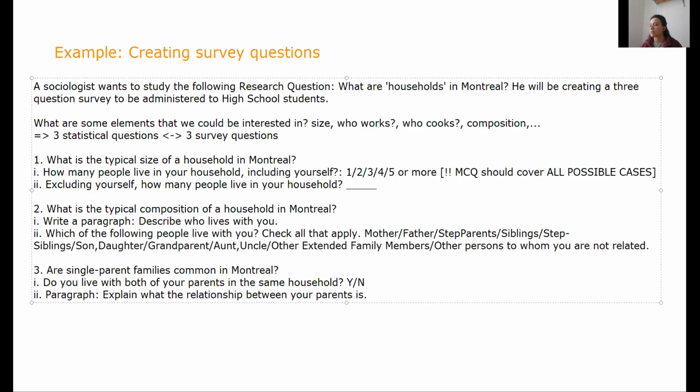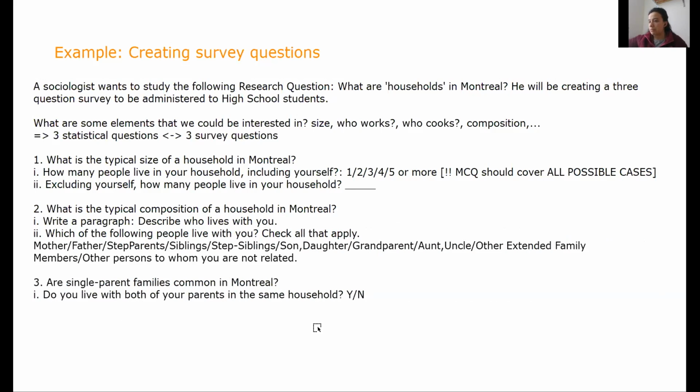And that gives a lot more flexibility for people to answer specifically to the experiences that they live in, whether that be that they have step parents, that their parents are single parents, or that maybe there's some other situation there. So it allows for a little bit more flexibility. Does this make sense for everyone? Yes. Okay, good. Thank you.